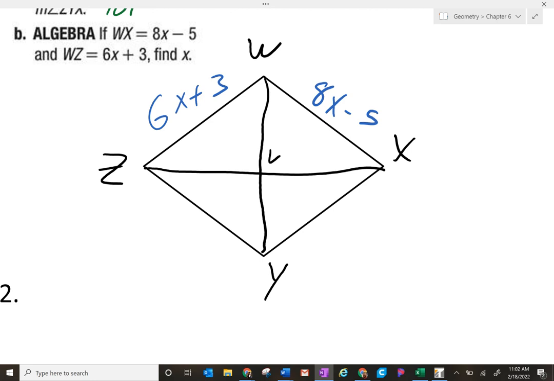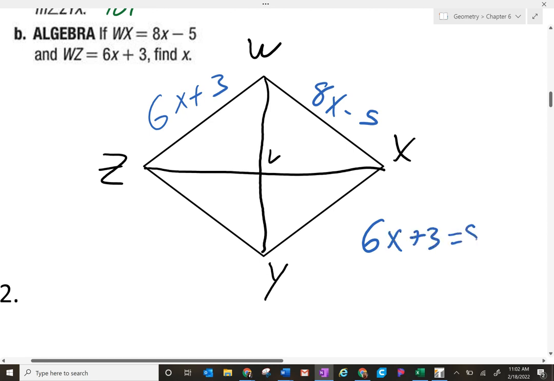What do you know about the sides of a rhombus? They're all equal. So what can I do to solve for X? Perfect. Set them equal to each other. So I got 6X plus 3 equals 8X minus 5. I'm going to subtract 6X from both sides. So I get 2X minus 5 equals 3.